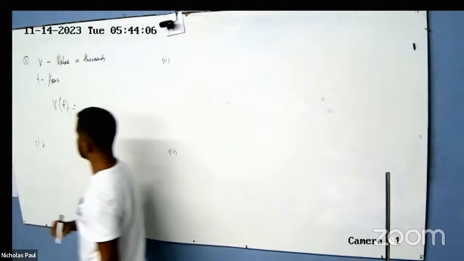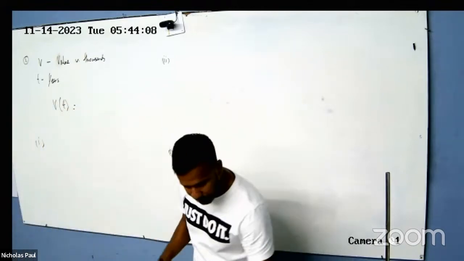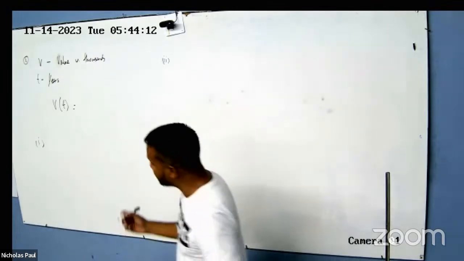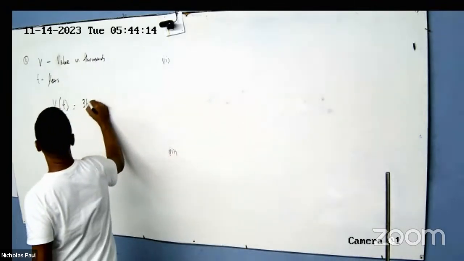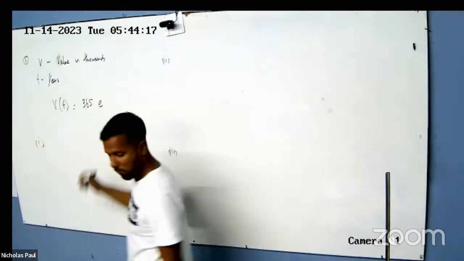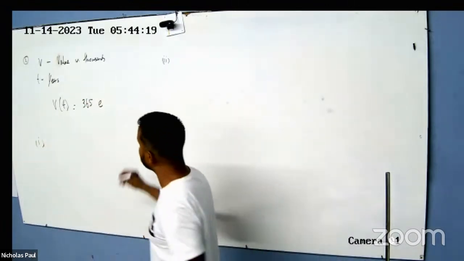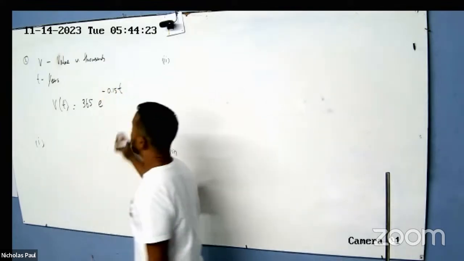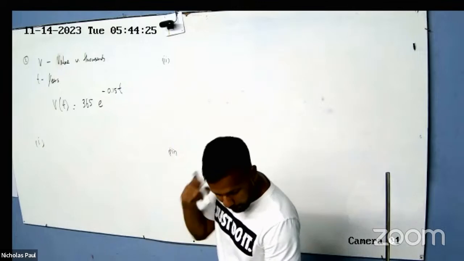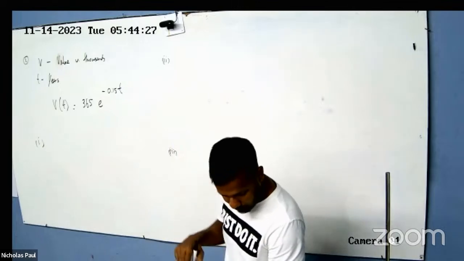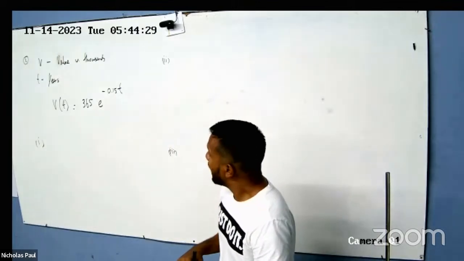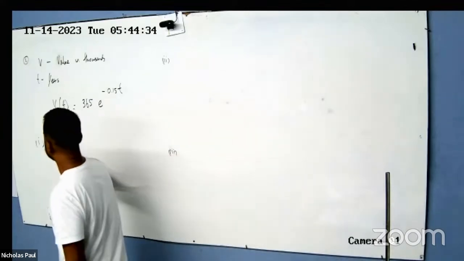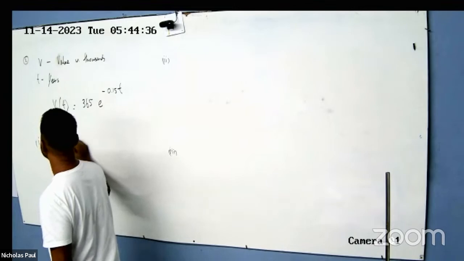Right, so the equation I'm going to give you is V of t, because that's what you're going to see in exams. Part 1, I would like the initial value.